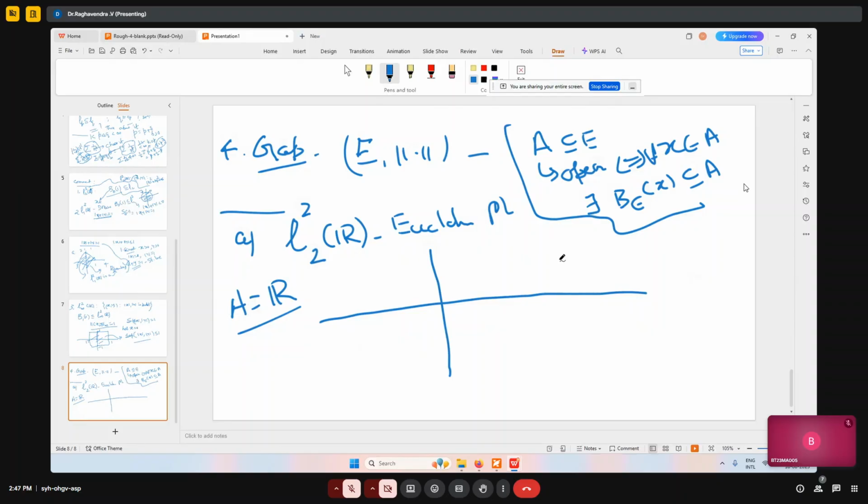This set A will be the set of all x comma 0 in this L2 R. Is it an open set or a closed set? Take a point here, the x. If this has to be open, then I should find an open sphere around this point contained in this line. Is it possible?